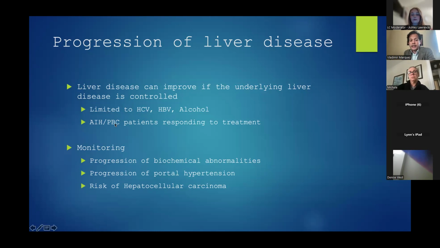Or maybe to some extent, patients with autoimmune conditions that are responding very well to the treatment. What we do in general is monitor for progression, either of the biochemical results, the anomalies of the results, the features of what we call portal hypertension, or the development of liver cancer.